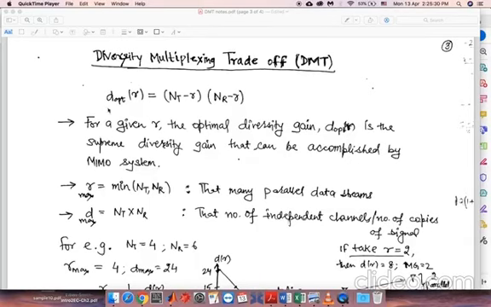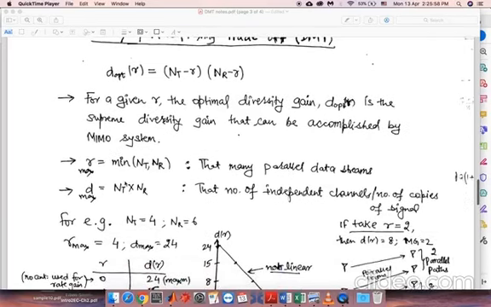So this particular formula is the optimal diversity gain denoted as a function of R. This D is now a function of R: NT minus R into NR minus R. We know that the maximum value of R is min of NT comma NR, the parallel data streams, and the maximum diversity order is NT cross NR, right?